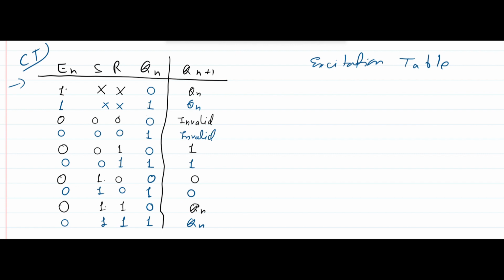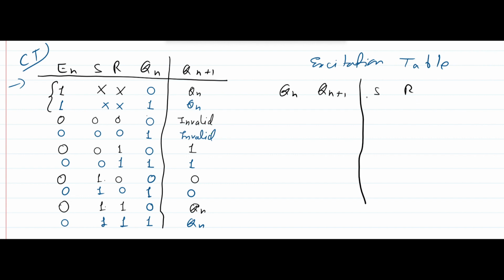And here, what is an excitation table actually? An excitation table is: if my Qn is known to me and I want some particular Qn plus 1, then what should be the input that should be given.